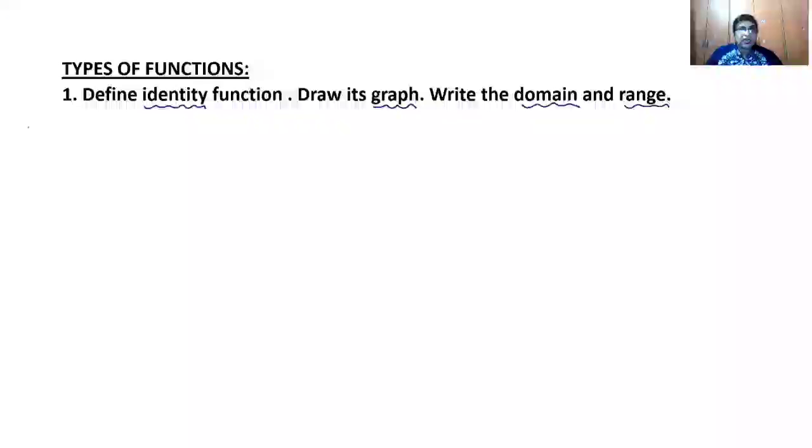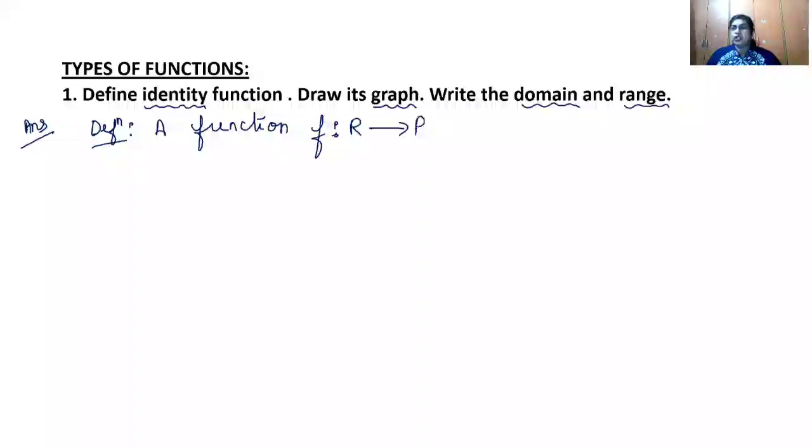So let us write the answer first. Let us write the definition of identity function. So what is an identity function? A function f from R to R, that means they are real valued functions.